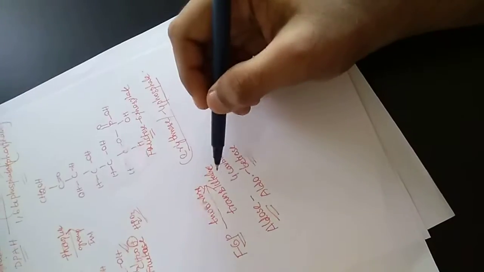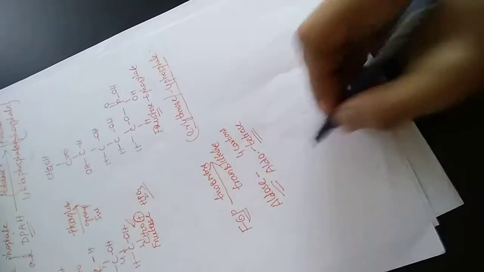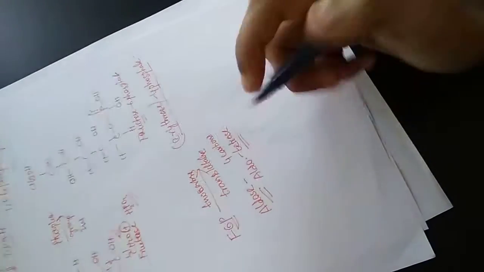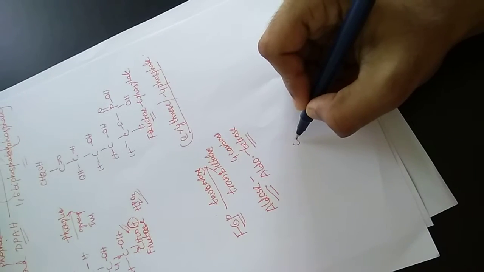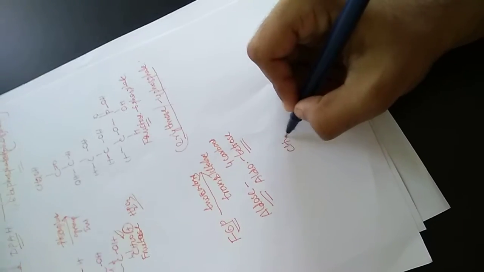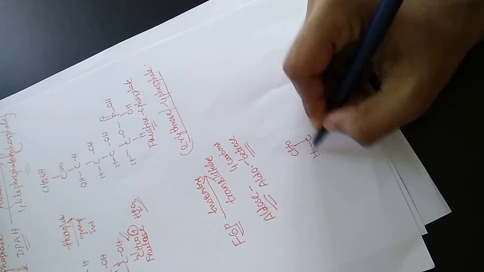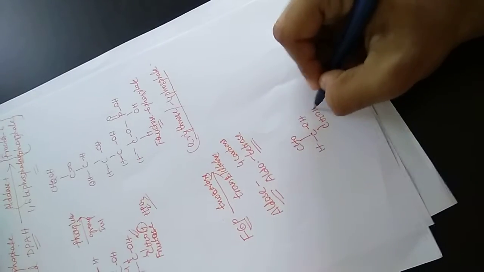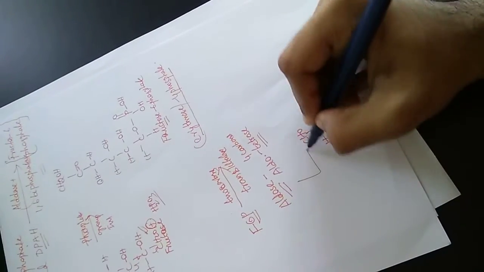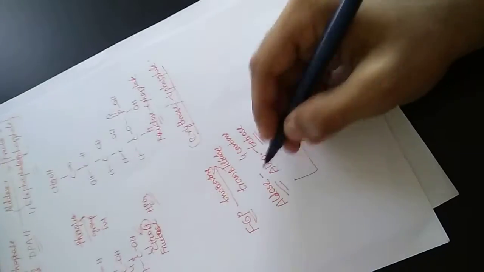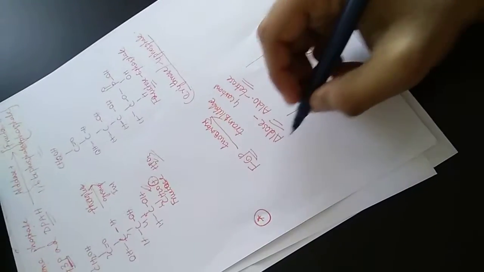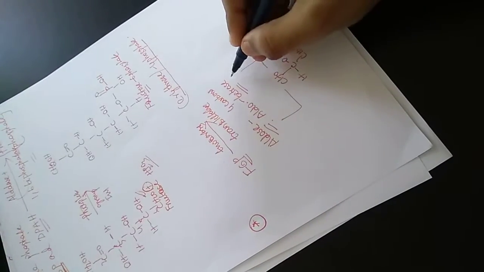So how do you get erythrose? Let me remind you that. You can derive everything by going back to glyceraldehyde. So this is the structure of glyceraldehyde. If I add a carbon, adding H and OH to this, it becomes erythrose.